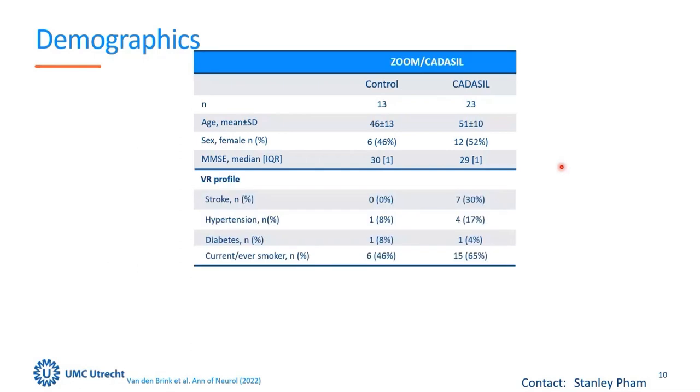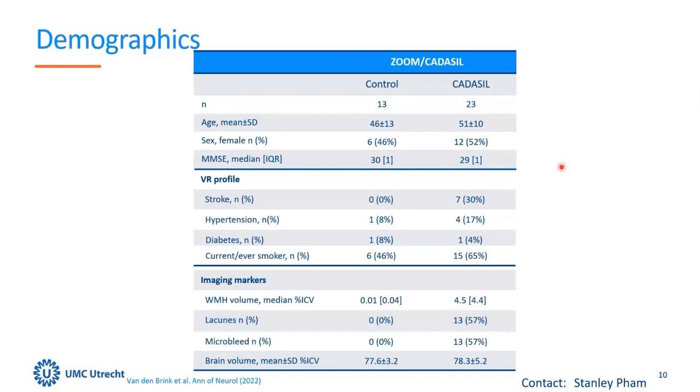Looking at the vascular risk profile, I don't think it comes as a surprise that the vascular risk burden was higher in our CADASIL population compared to controls, as well as the imaging markers. So if you look at, for instance, the white matter hyperintensity volume, it's all as a percentage of the intracranial volume. And you can see that the burden in our CADASIL group was much higher when compared to our healthy controls.